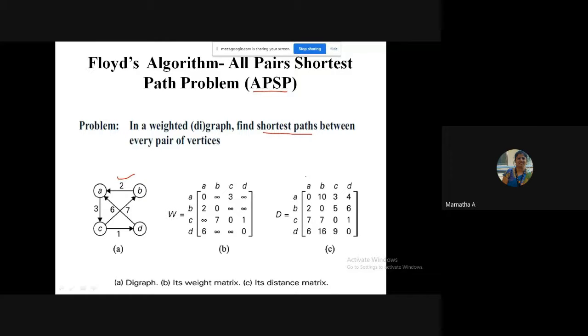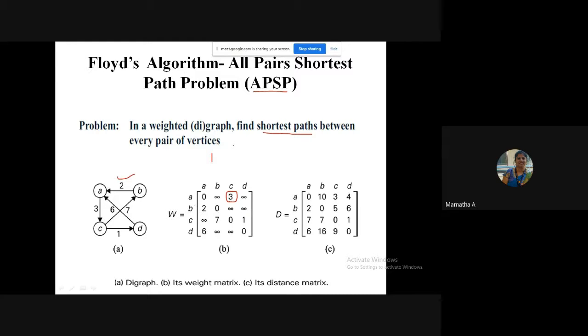Can anybody guess what are the entries in my adjacency matrix? That is cost adjacency matrix. Students, what are the entries? Can you just guess? Look at this and tell me. 3 means what? Look at the graph and tell me what does this 3 mean for me?